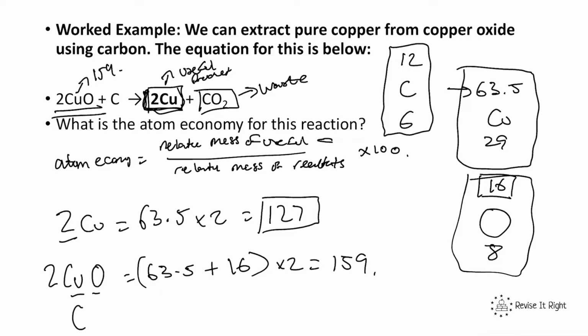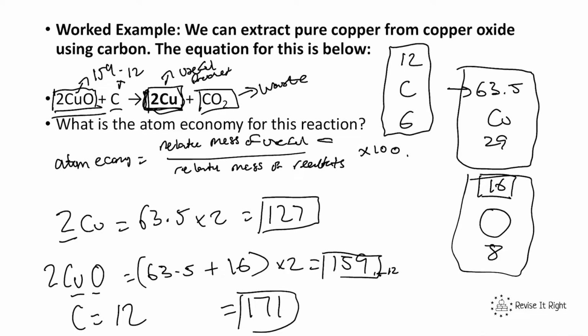And we also need it for carbon. Well, carbon is just 1 carbon, so it's 12. Therefore, to find out the total relative mass of the reactants, we need to do 159, which is here, plus 12, which we've got for carbon. So 159 plus 12 gives us 171.